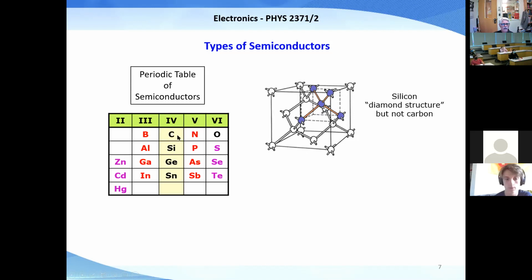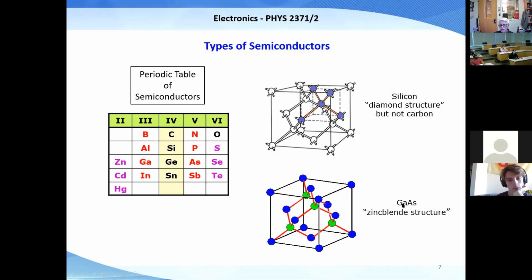So all these group 4 elements, carbon, silicon, germanium, tin, they all have 4 bonding electrons, so that's why they have 4 nearest neighbors, because each of the bonding electrons is bonding with one of its 4 nearest neighbors. So that's a diamond structure, but if you put silicon instead of carbon in here, you get silicon.